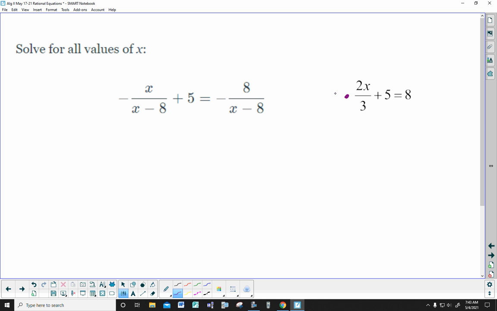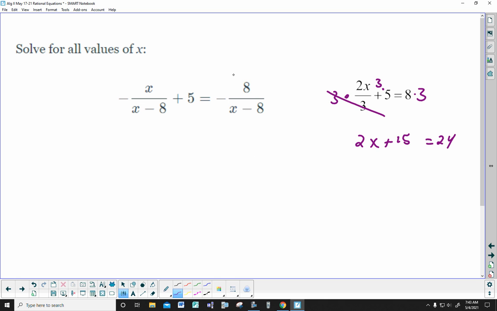As long as I multiply everybody by 3, it's legal. So the 3 would cancel here, plus 15 is equal to 24. That's still okay. Usually you get rid of this 5 first, then get rid of this 2/3. But you can change the order and do it a little bit differently if you do it correctly.